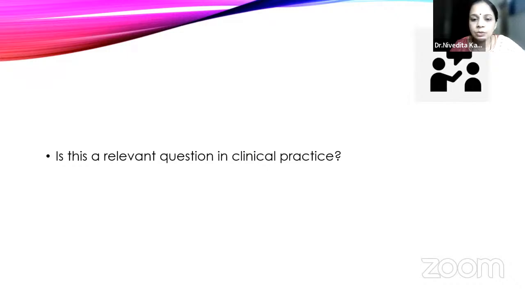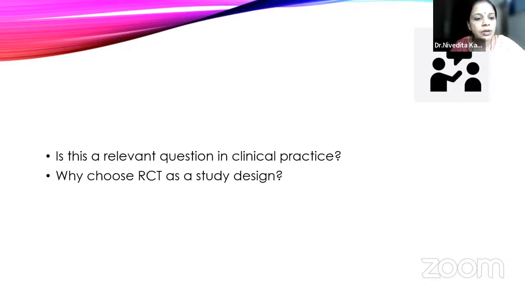So the question now is, is this a relevant question in clinical practice? And why do we choose RCT as a study design? Dr. Puranjoy, would you want to take that? Yes, madam, because for IgA nephropathy, after using ACE and ARB with the maximum tolerated dose, still, if we cannot get the proteinuria down to less than 1 gram, then prognosis-wise, there will be renal function decline.